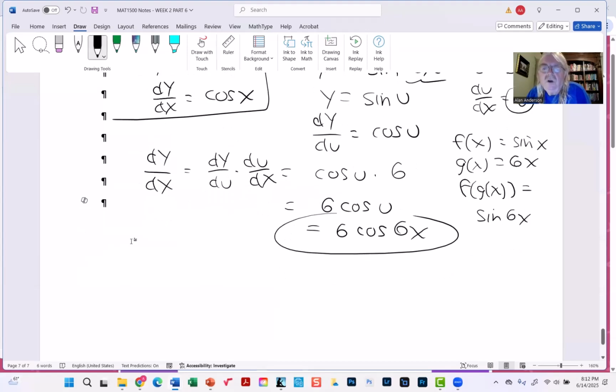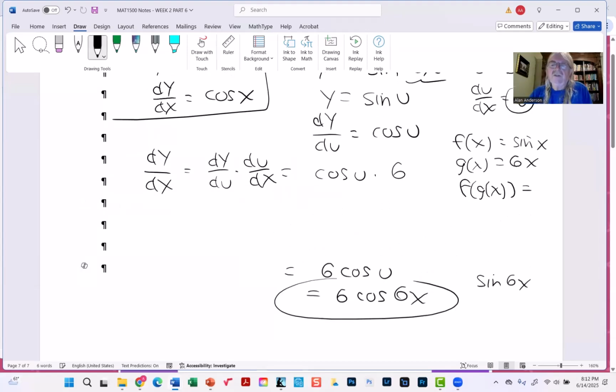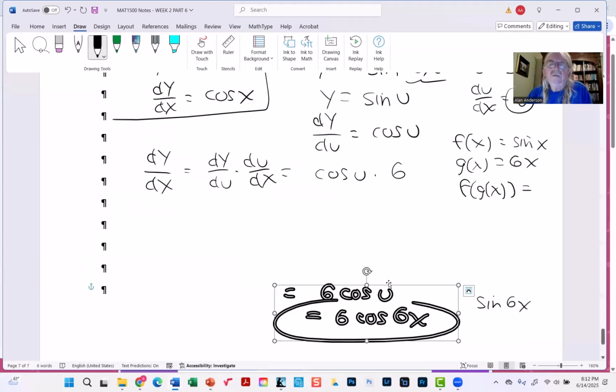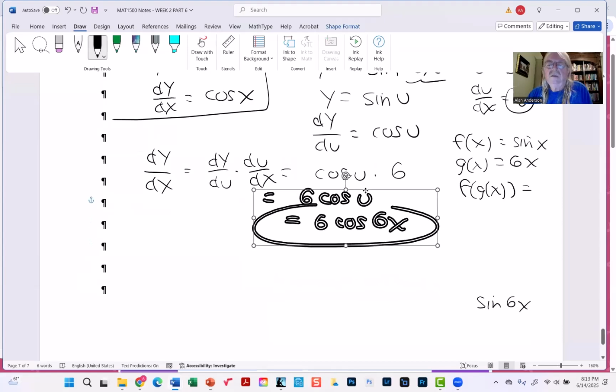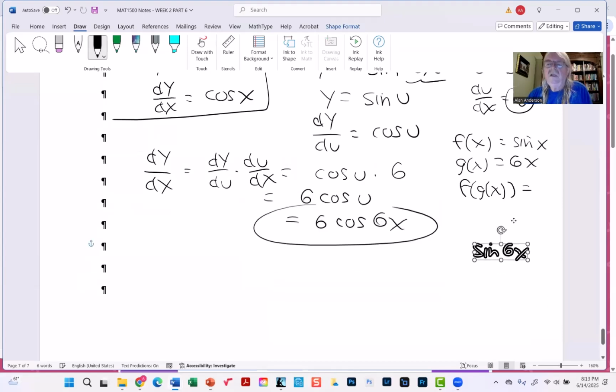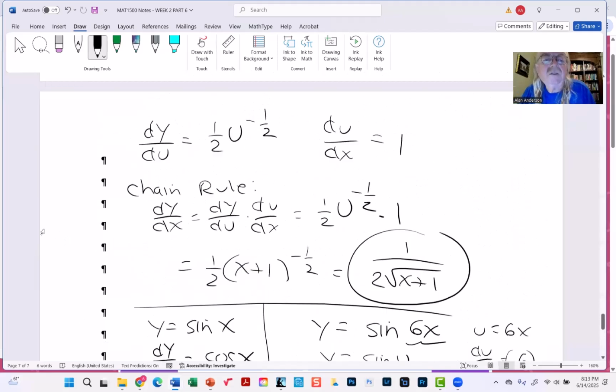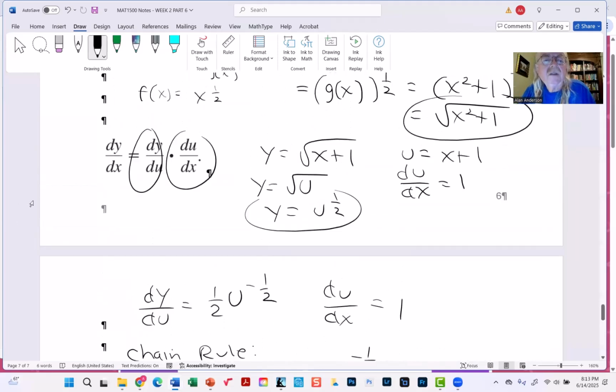And again, you could use the other notation if you prefer.